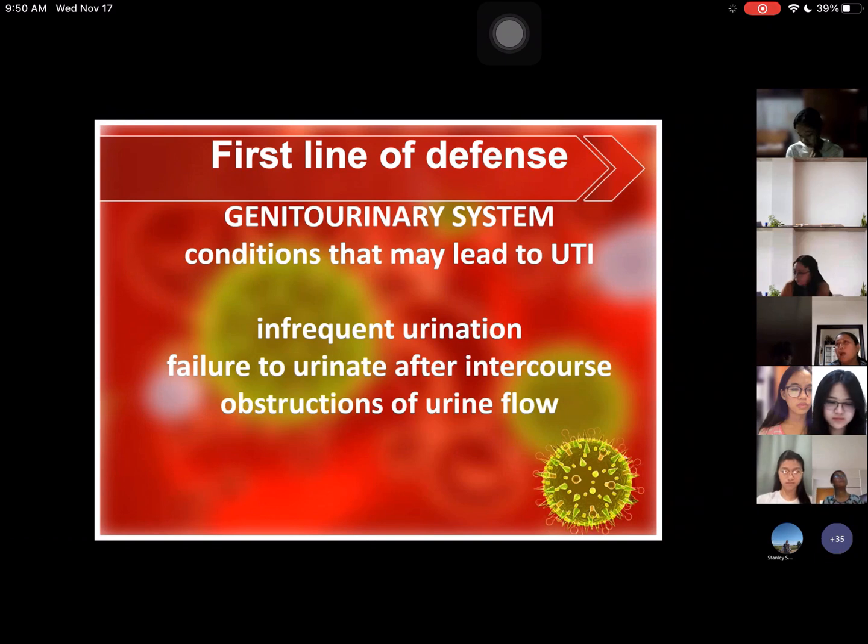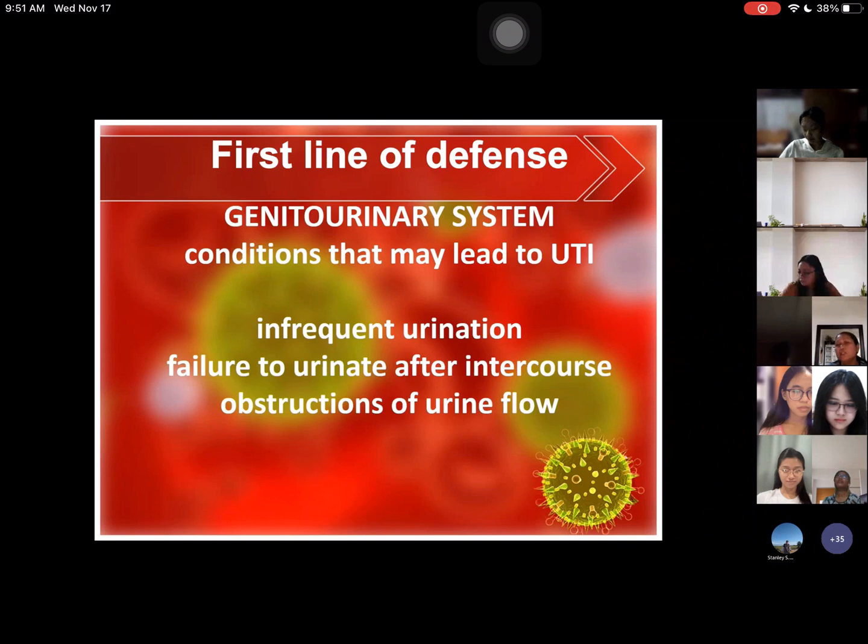Kumbaga kokonti lang yung naiihi mo, because if you have those chronic diseases of the kidney, you are not actually required to take a lot of fluids, because your kidneys may not be able to function well already. So it can obstruct the urine flow.